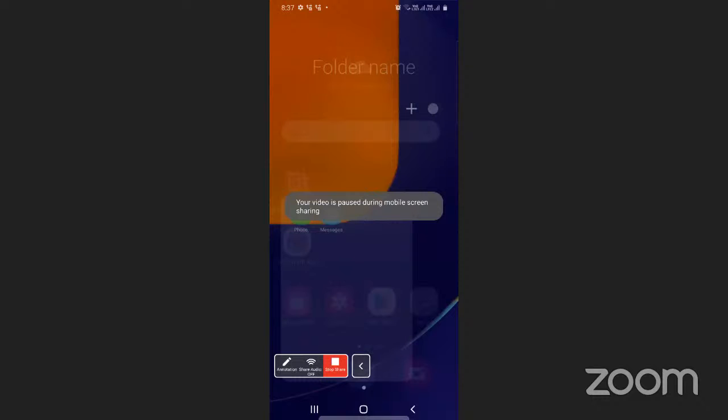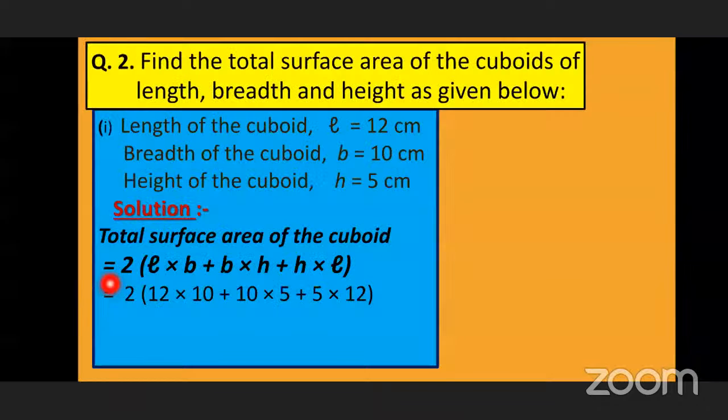I'm repeating the formula, children. Just pay attention, listen, and try to remember the formula.